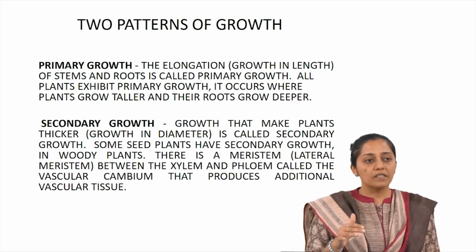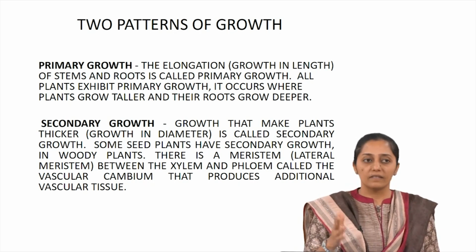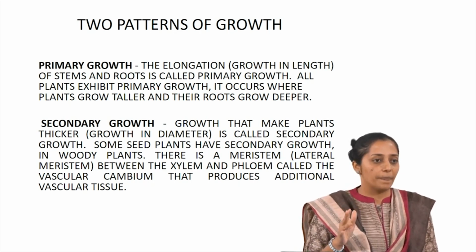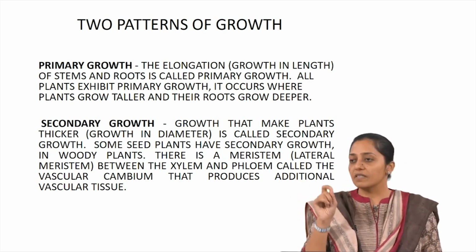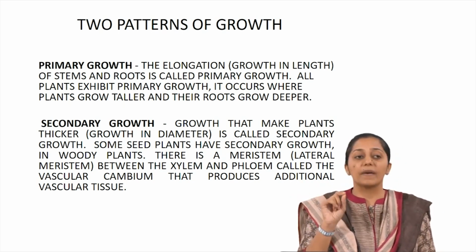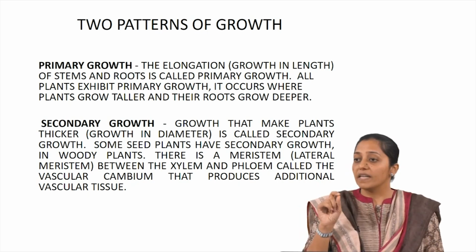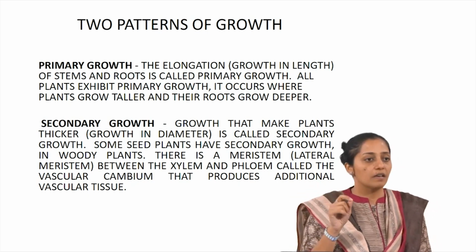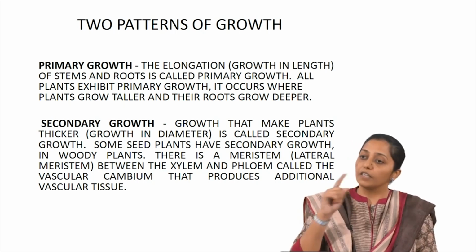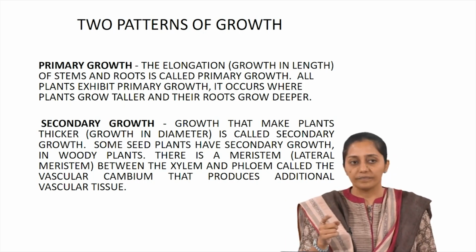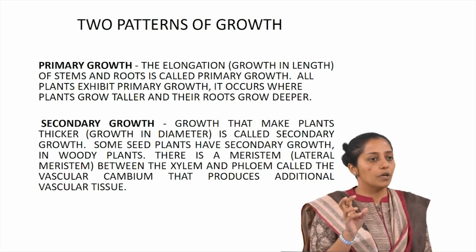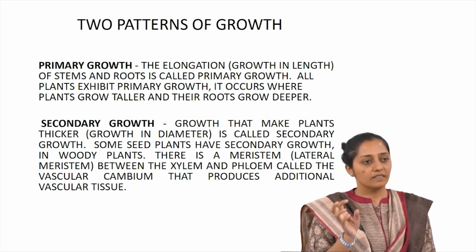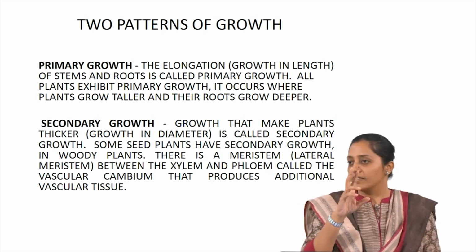But in plants the growth can happen till the plant is alive. It does not happen throughout the plant, it only happens in certain regions which are called meristems. These are meristematic tissue regions composed of cells which are continuously dividing. It is the function of these tissues to increase the thickness or the length.